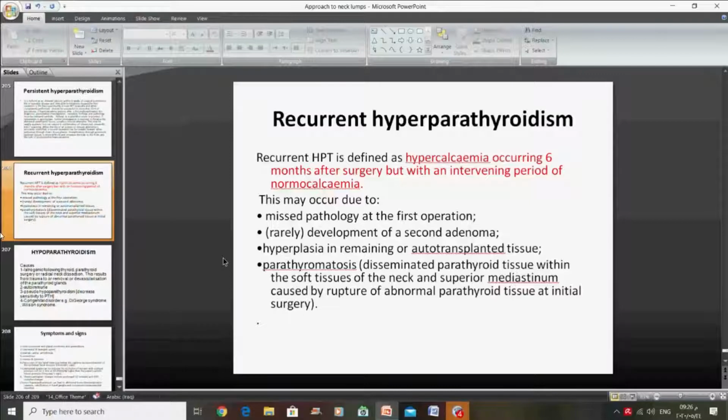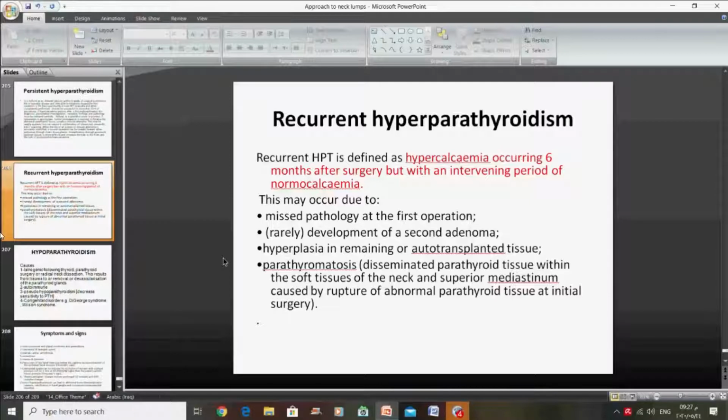Recurrent hyperparathyroidism. It is defined as hypercalcemia occurring 6 months after surgery but with an intervening period of normal calcemia. يعني هنا وراء 6 أشهر رجعت الهايبركالسيميا، بس المريض خلال هاي الفترة اللي وراء العملية مسوي تحاليل وكان نورمال الكالسيوم، فنسميه هنا recurrent hyperparathyroidism. يعني اكو period of normal calcemia قبل ما يصعد الكالسيوم.